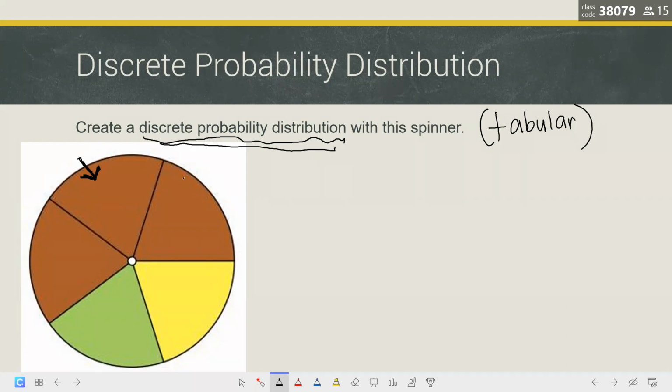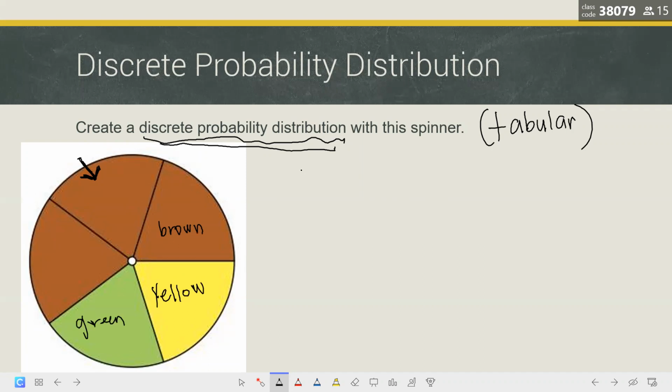So, may spinner dito. So, ano yung mga kulay ng spinner? It is stated that, let's assume that this spinner is divided into 5 regions and is colored with brown, yellow, and green.